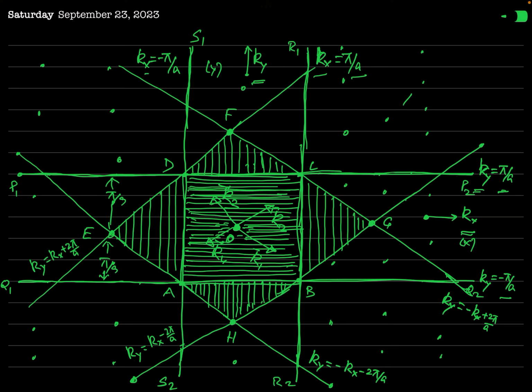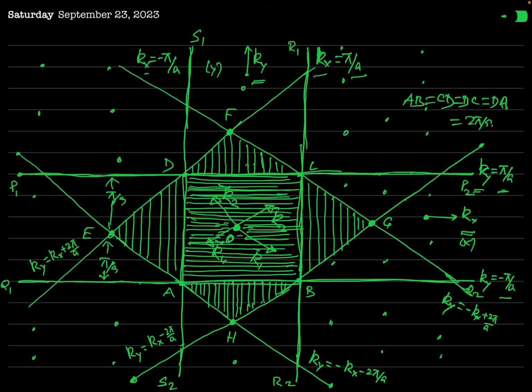So, the side length AB is equal to CD, equal to BC, and equal to DA, and all these are equal to 2 pi by a. So this is just a square of side length 2 pi by a. Okay. In fact, this square is called the first Brillouin zone of the square lattice.